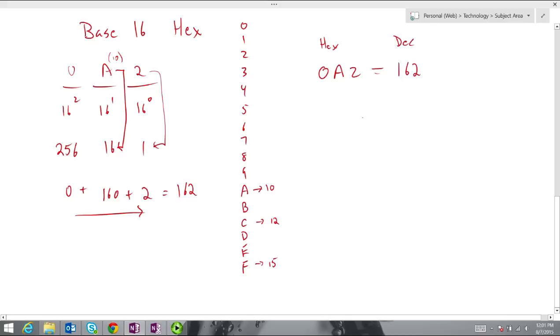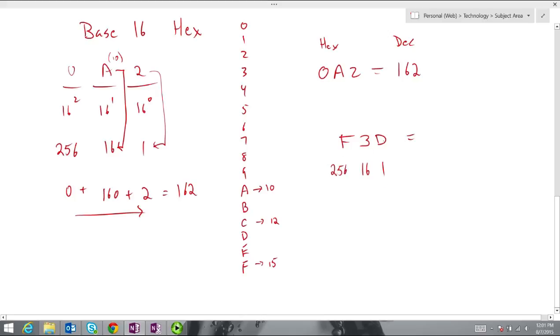Let's do one more. Let's do something like F3D. So again, the first column is the ones column, the second column is the 16s column, and the third column is the 256 column.